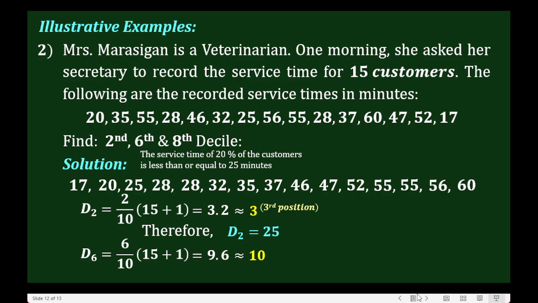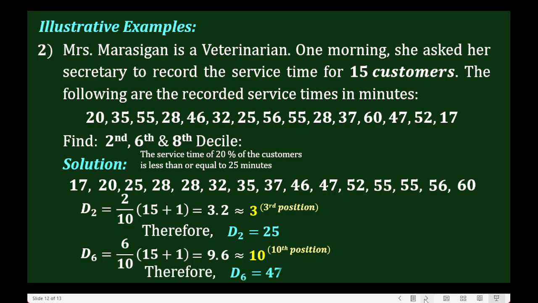It means the sixth decile is in the 10th position in the sorted data. So if we are to locate the value in the 10th position, 1, 2, 3, 4, 5, 6, 7, 8, 9, 10. So therefore, this is your sixth decile, which is equal to 47.